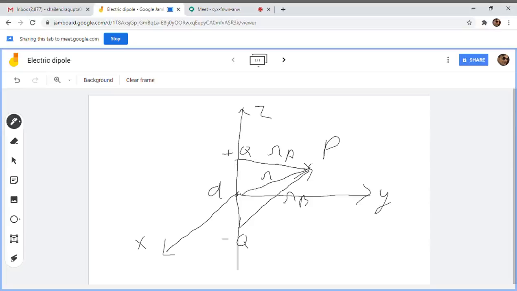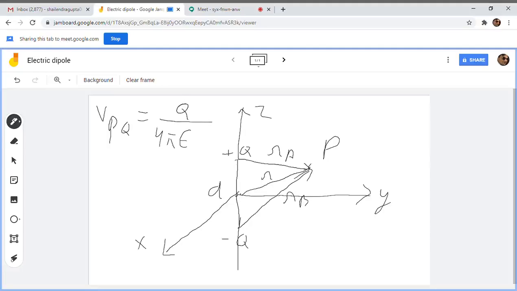As we have learned just now studying the potential, defining potential is very easy at any point. So we know that due to this q, the potential Vp can be defined like this: q upon 4 pi epsilon r.